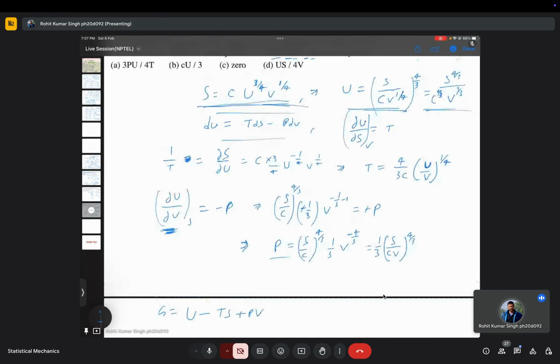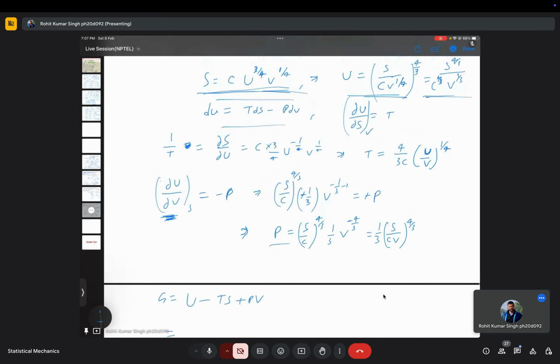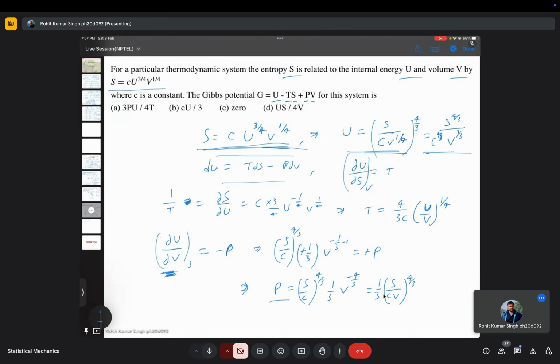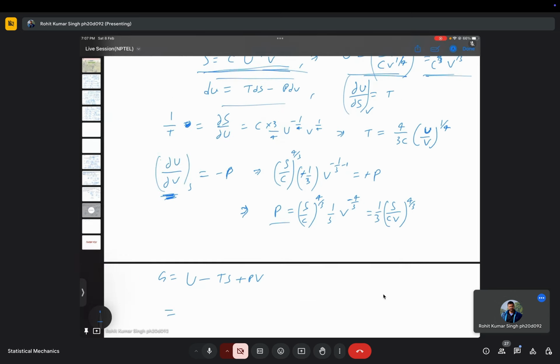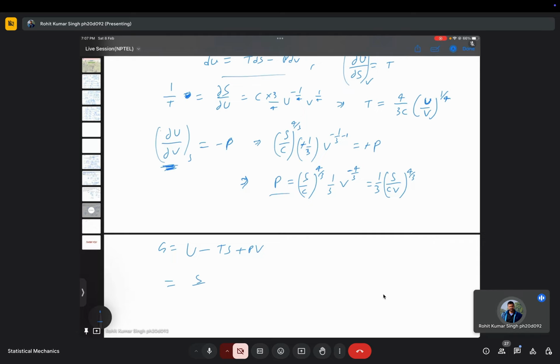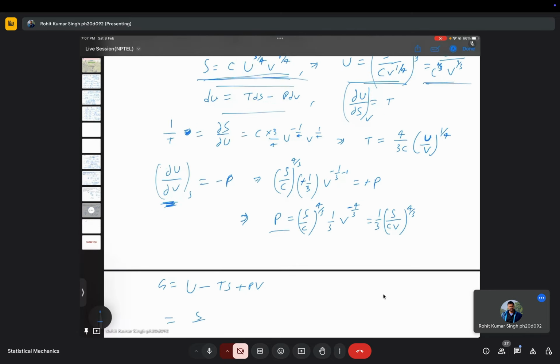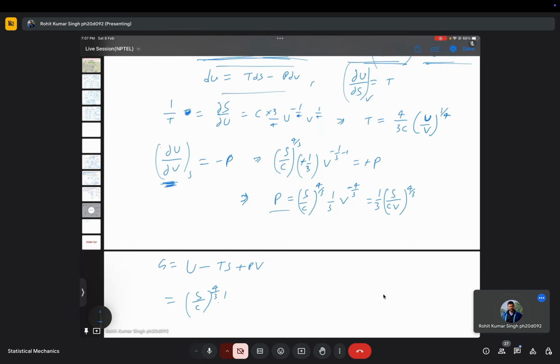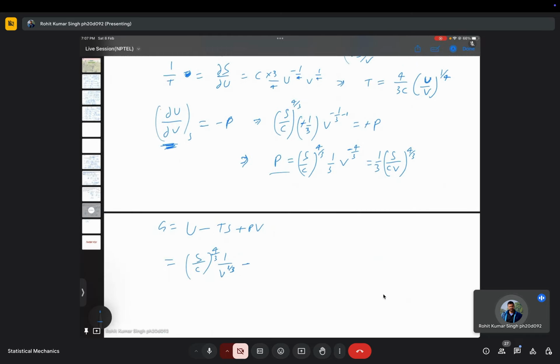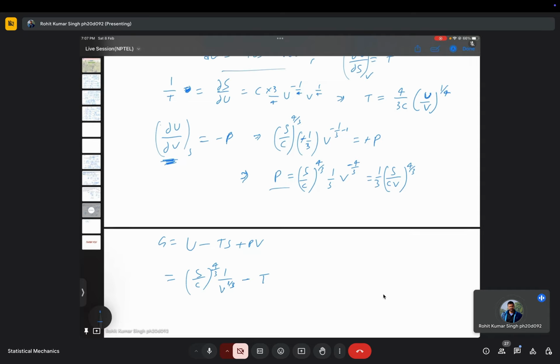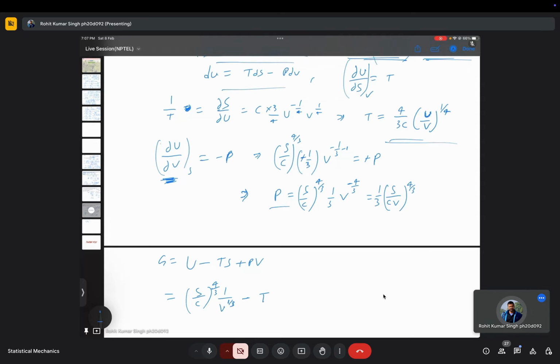So let's write this: (s/c)^(4/3), and minus T, temperature, we calculated here.